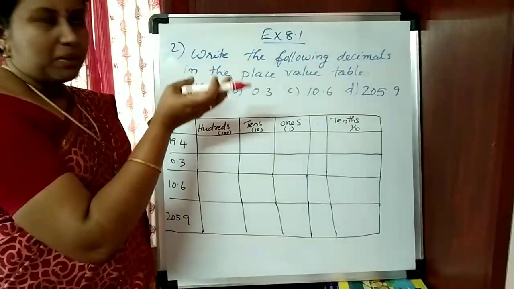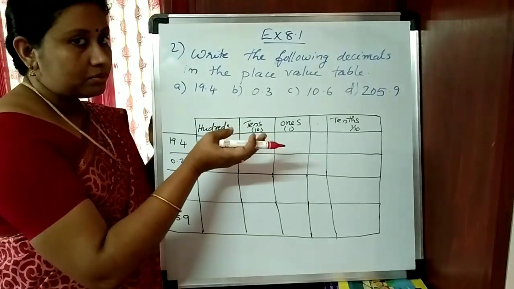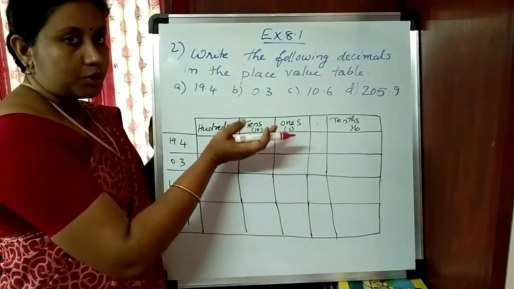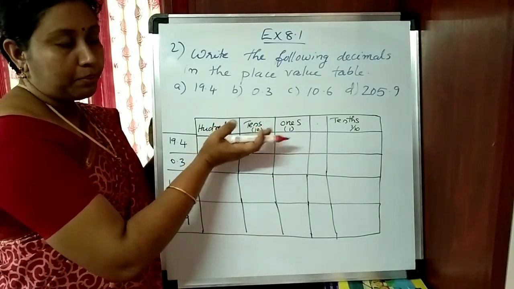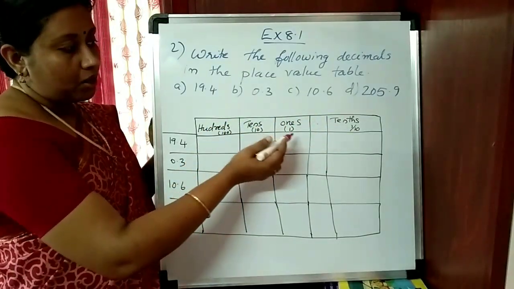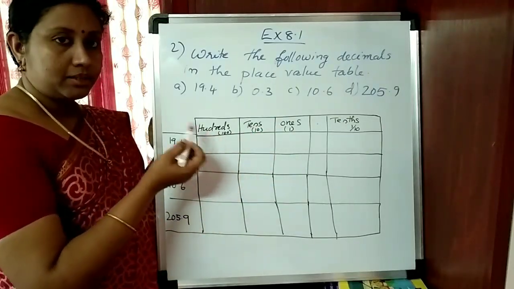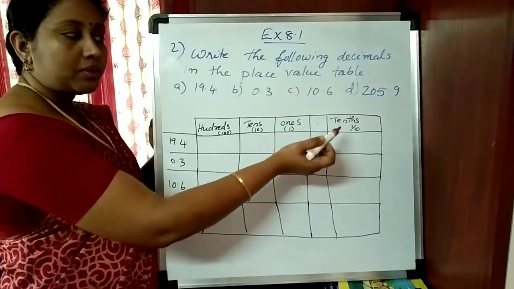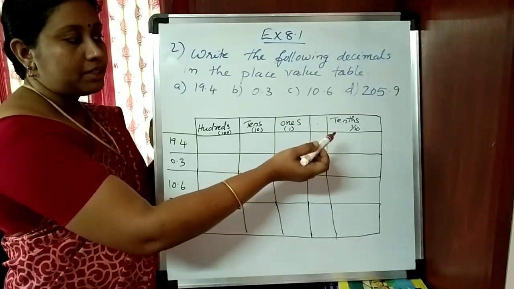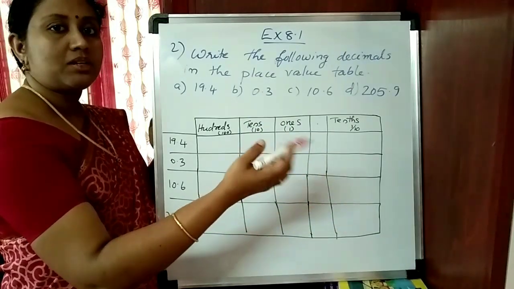So in a place value chart, there are two parts: whole number part and decimal part. Whole number part places are ones, tens, hundreds, thousands, like that. Decimal part places are tenths, 1 by 10, next 1 by 100, 1 by 1000, 1 by 10,000, like that.